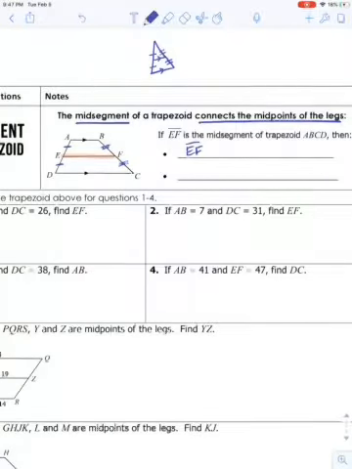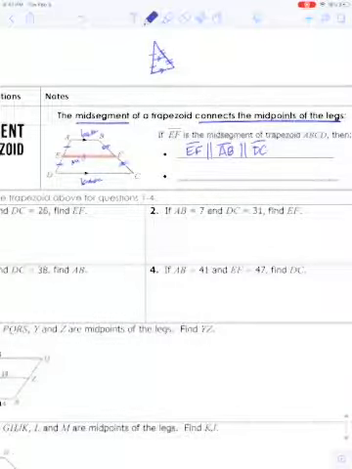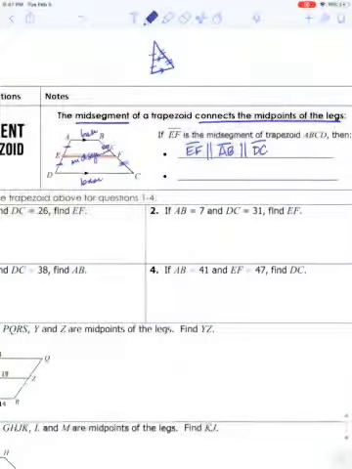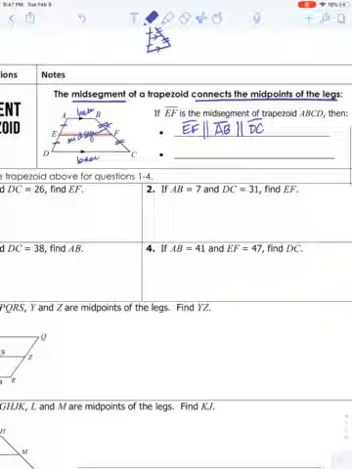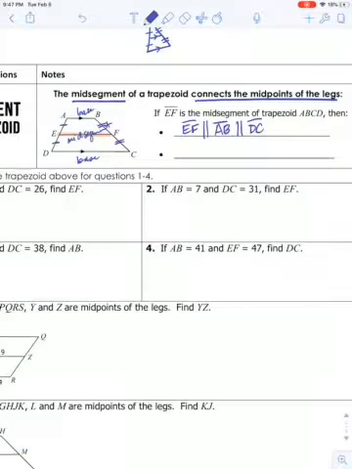So the mid-segment, EF, is parallel to both bases AB and DC, because trapezoids have two bases. This is a base, and this is my mid-segment. So all three lines are parallel if EF is a mid-segment.